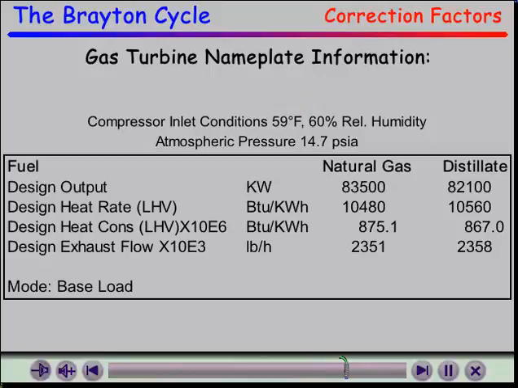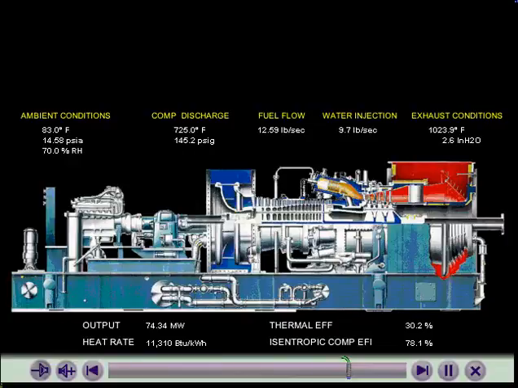Its design heat rate is 10,560 BTUs per kilowatt hour. From your performance monitoring equipment, you see that the actual gas turbine output is 74.34 megawatts, and the heat rate is 11,310 BTUs per kilowatt hour.